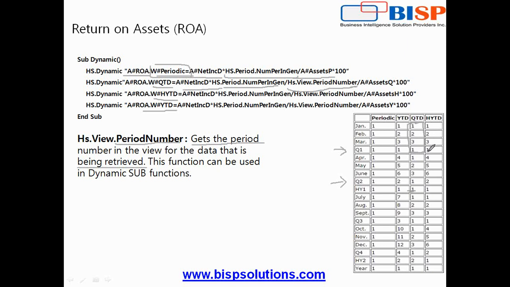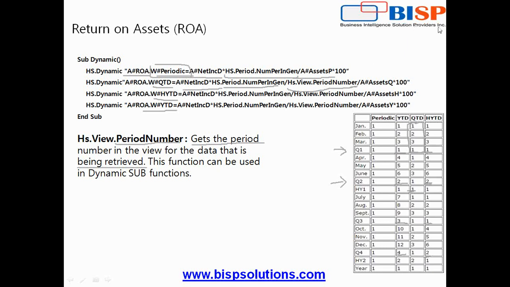If it is half year to date, it covers the first and second quarter of the given half year, the first quarter of the second half year and the second quarter of the second half year. If I use YTD, it increments by first quarter, second quarter, third quarter, and fourth quarter. So the scope is determined depending upon periodic, QTD, half year to date, and YTD.